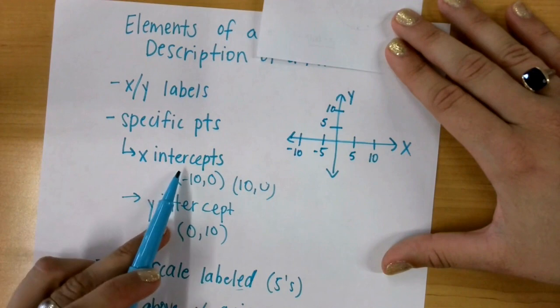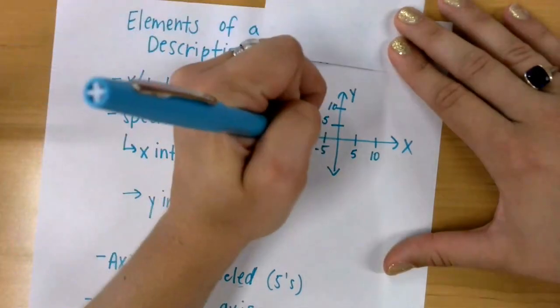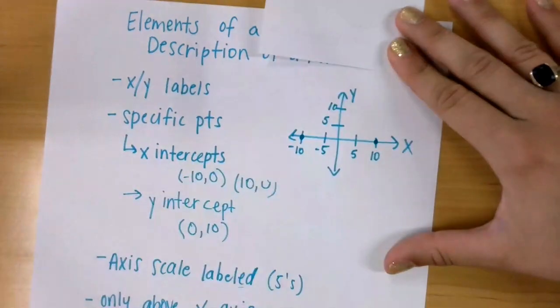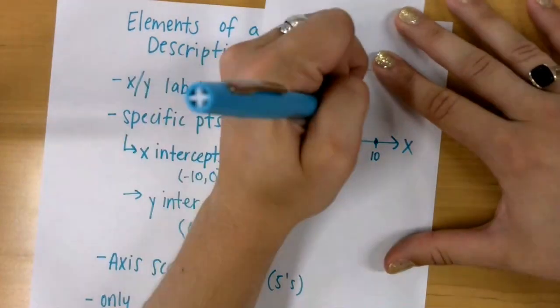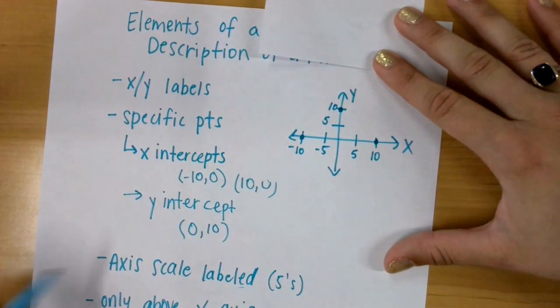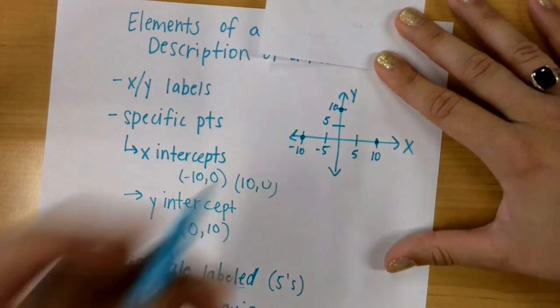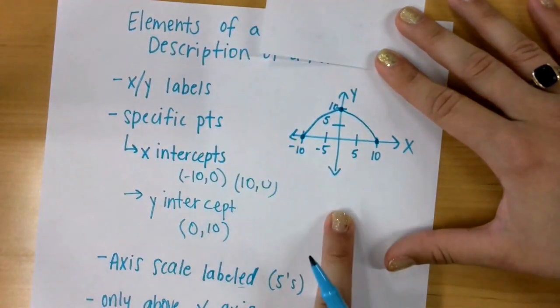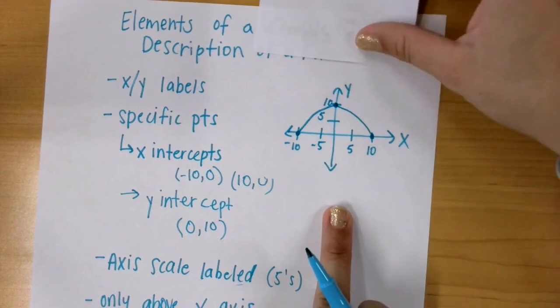Okay. A specific point is I have an x-intercept at -10, 0 and another one at +10, 0. I have a y-intercept up at 0, 10. Okay, and then I know that this is only above the x-axis and my highest point is at 10. So that would give me an idea of how to sketch this graph if I didn't have this initial picture.